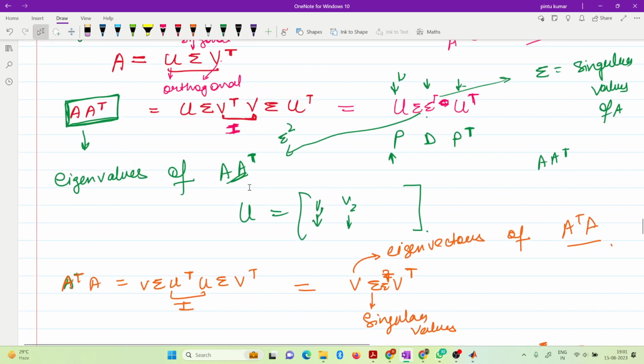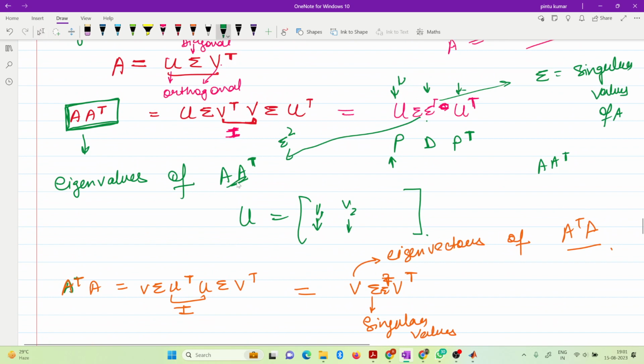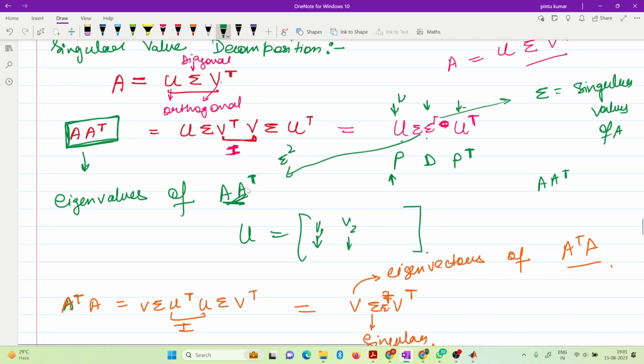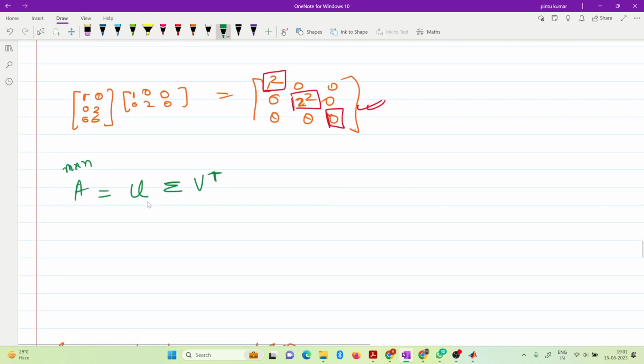Your U is the eigenvectors of AA transpose. If A is m cross n, then AA transpose is m cross m, so U is m cross m. Sigma becomes m cross n, and V transpose is n cross n. So this is about the size of these matrices.